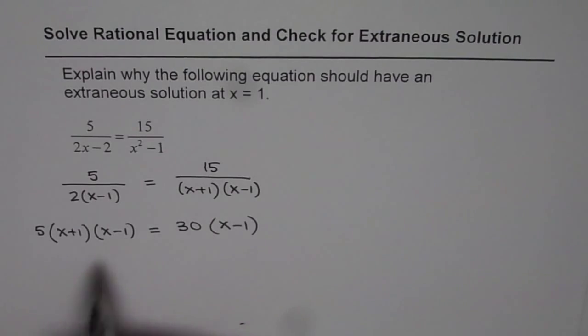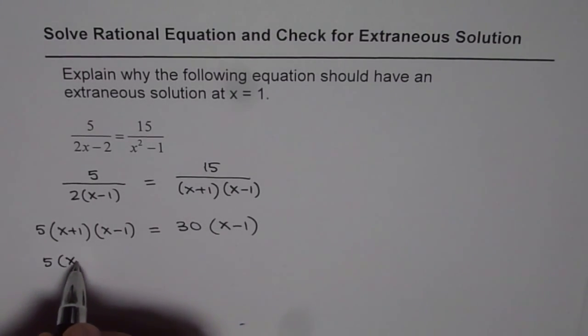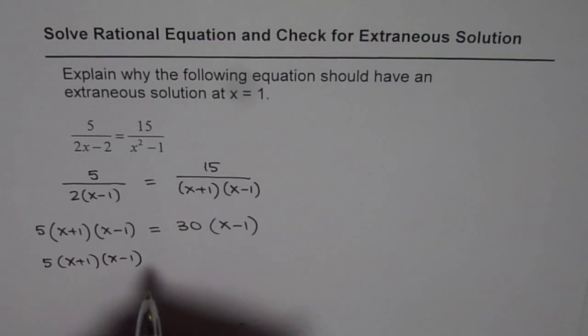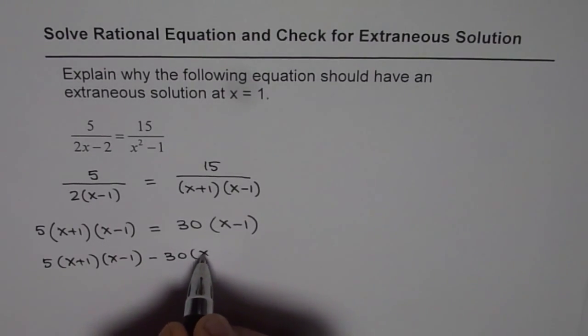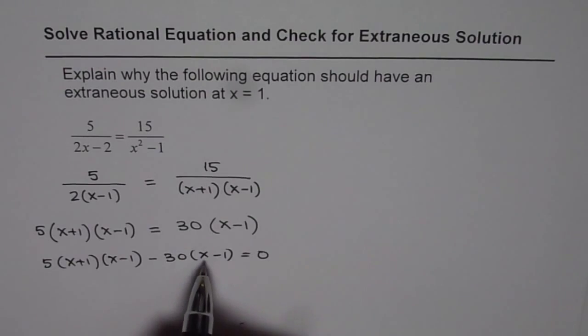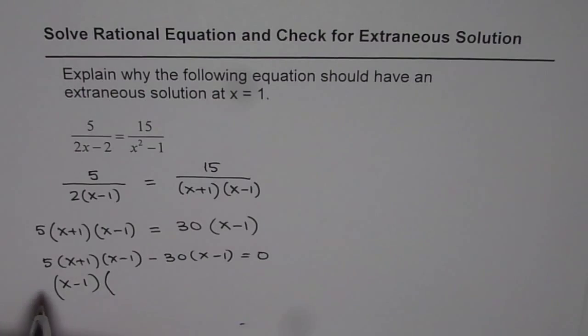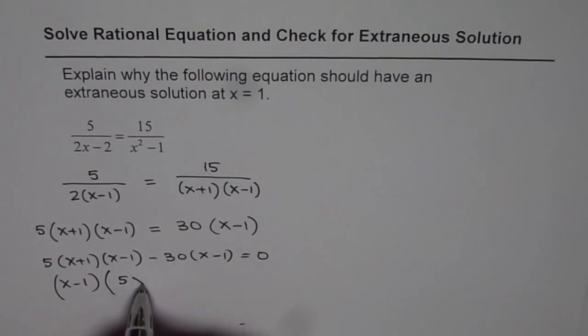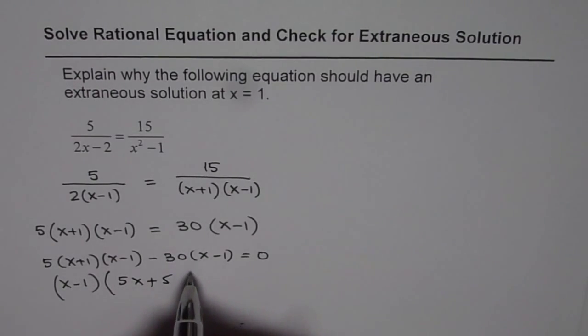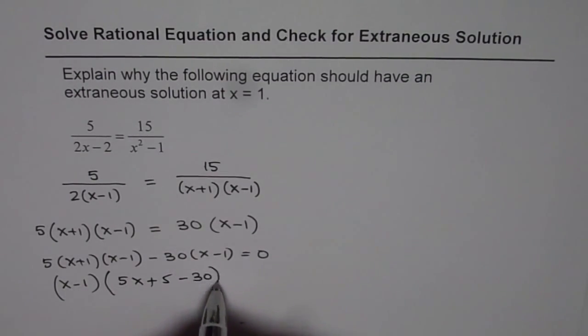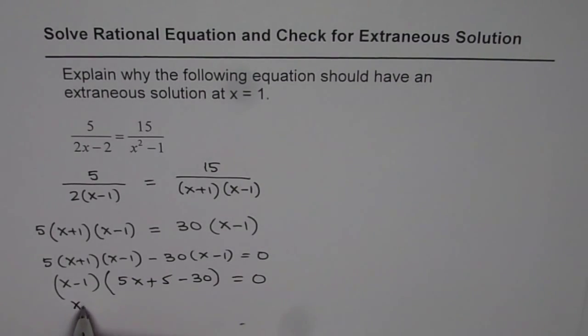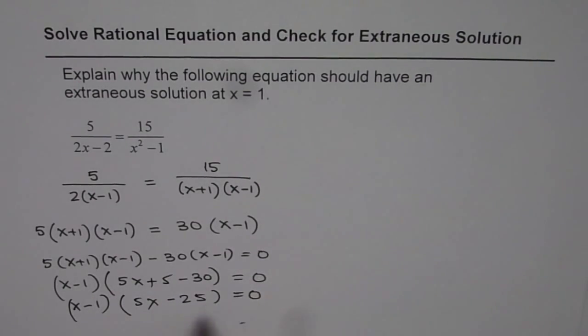I'll bring all these terms to one side. So we have 5 times x plus 1 times x minus 1 minus 30 times x minus 1 equals 0. We can now factor x minus 1. So what do we get? We get x minus 1 times 5 times x plus 1 minus 30. Let me open this up: 5x plus 5 minus 30, and that gives us x minus 1 times 5x minus 25 equals 0.